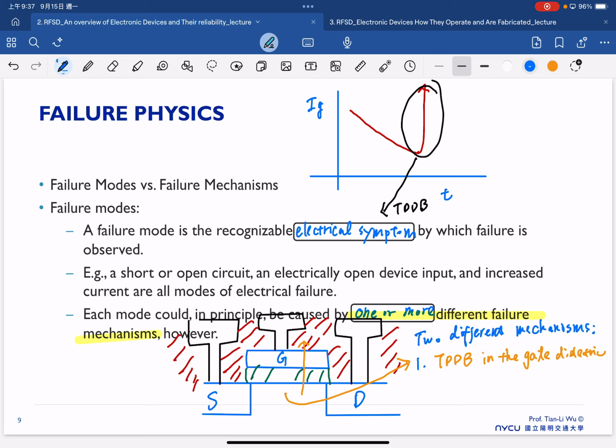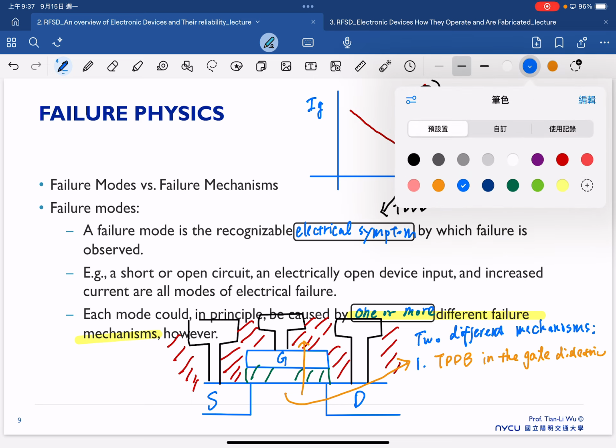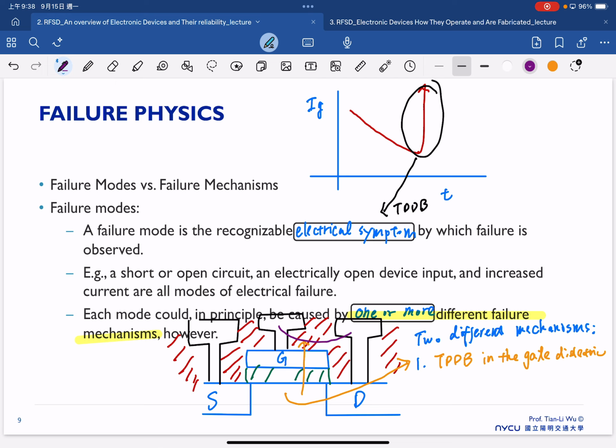On the other hand, we might also suffer leakage current between the different interconnection lines. Once it reaches the different interconnection lines, the device can also have very high leakage current, because now our drain and source interconnects are shorted together. So in this case, we might have another mechanism, TDDB in the passivation layer.